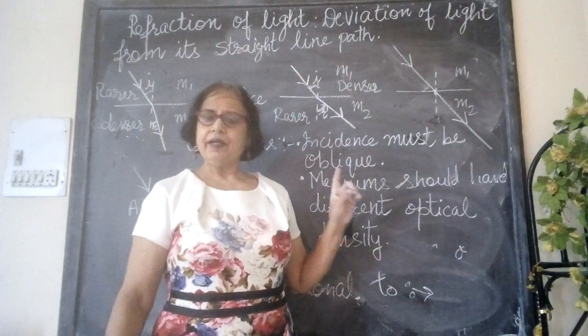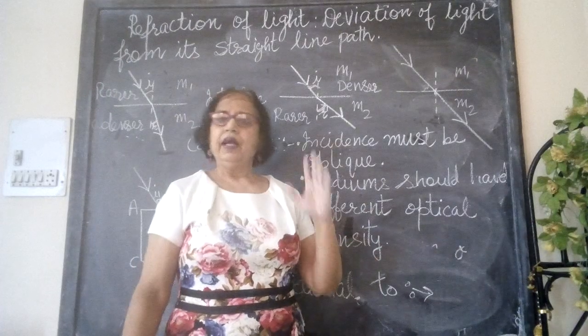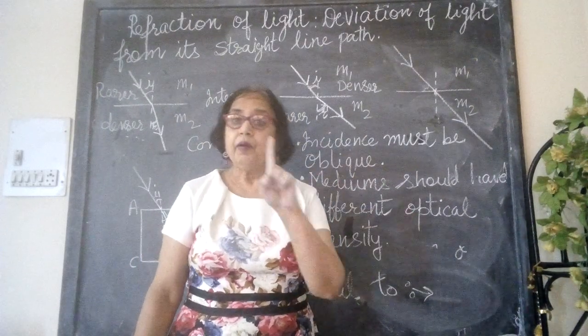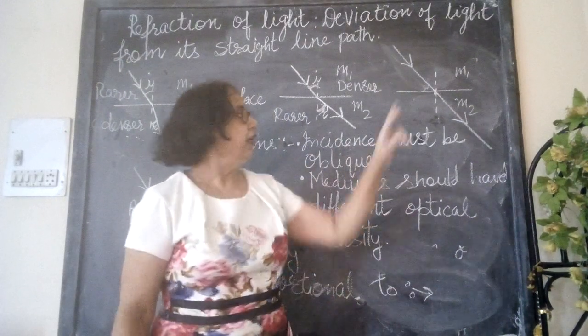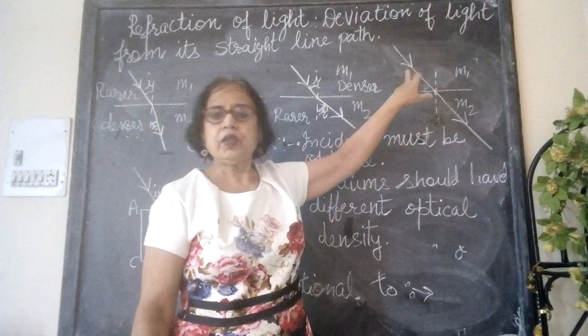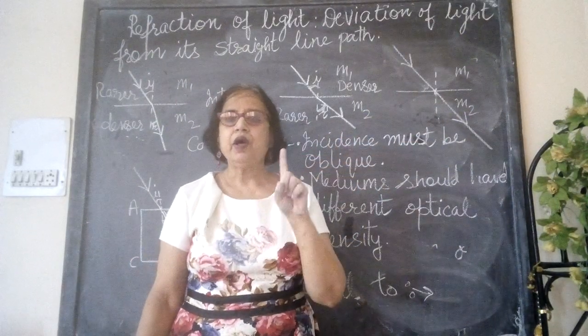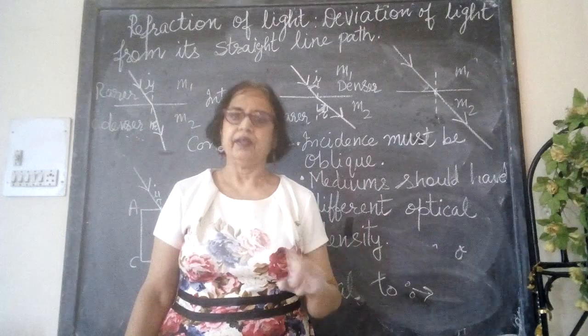Two mediums M1, M2, the incidence is oblique but no deviation. It means both have the same optical density.